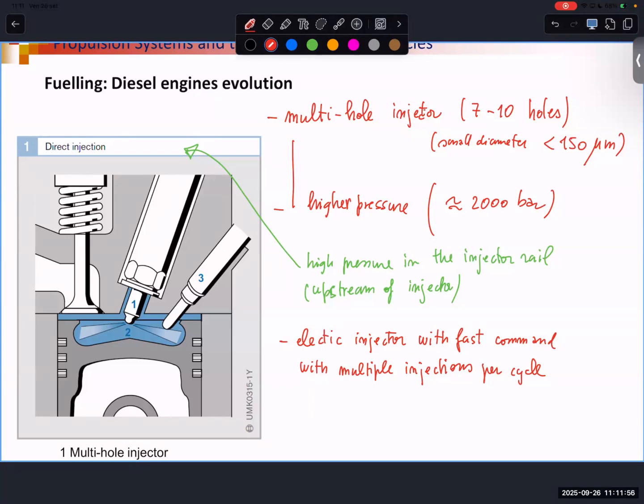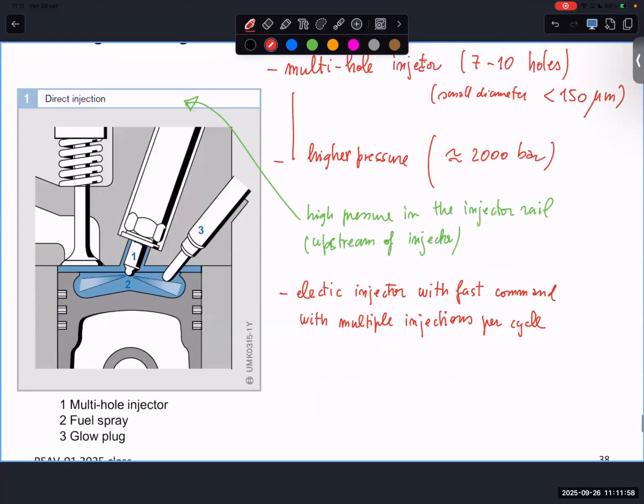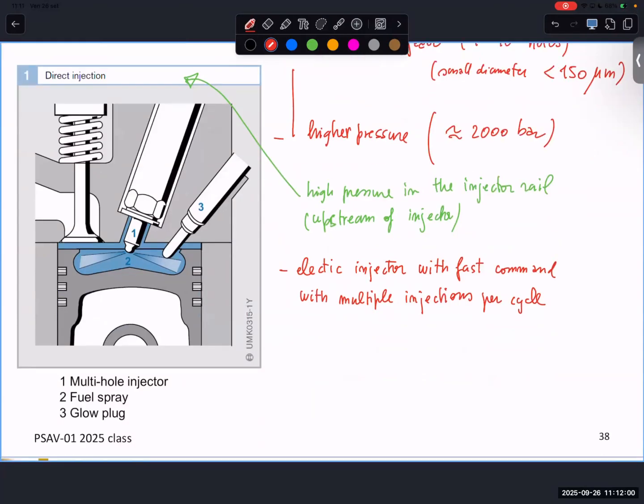Here there is another element that is this one, glow plug. That is an element that is warming up the air before the start of the engine. This will produce a better combustion for the first cycles.